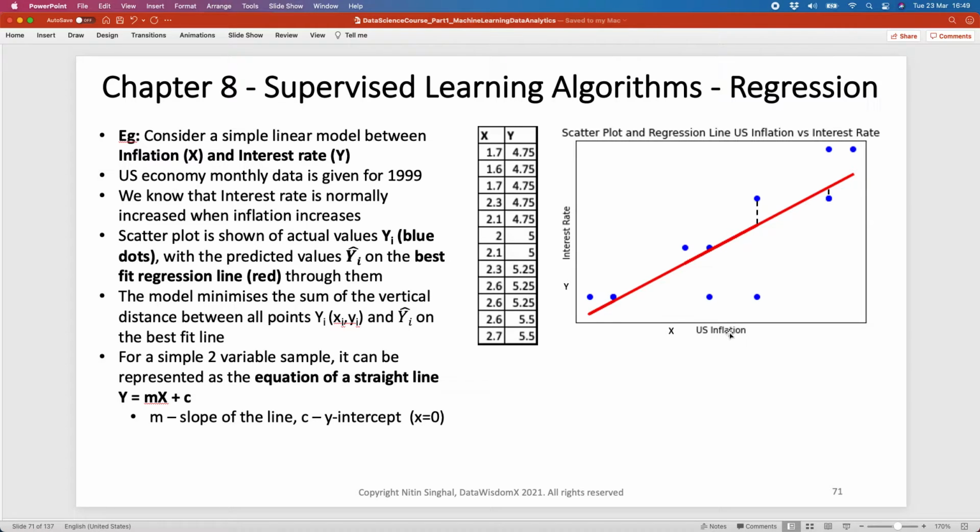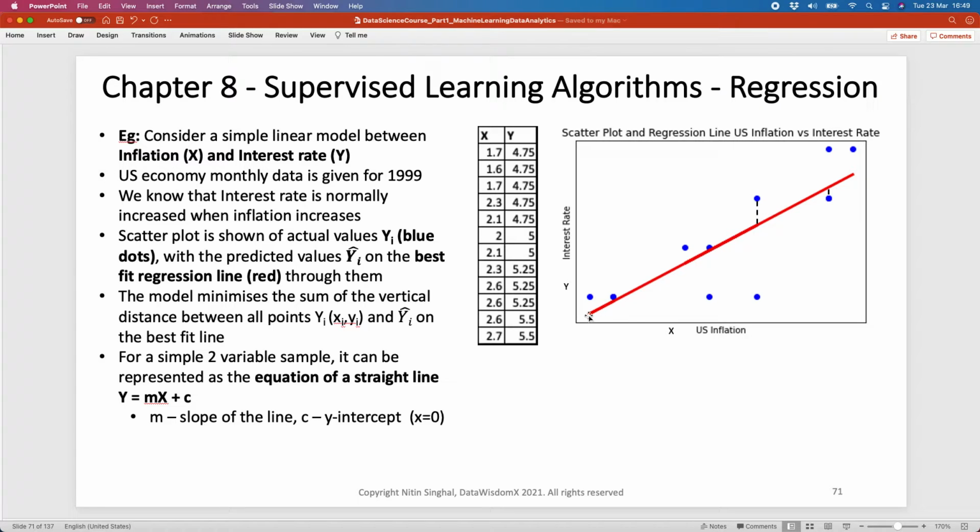Because normally as inflation increases, interest rates tend to increase. So we just used the actuals, applied the regression model, and predicted the values. The predicted values are on the red line, and the actuals are these blue dots.